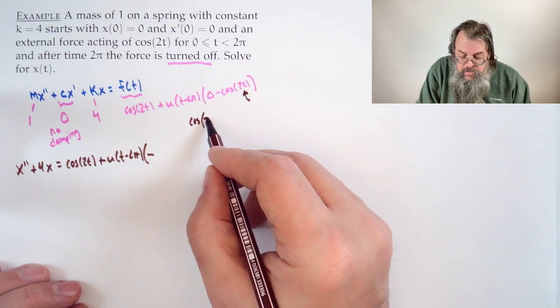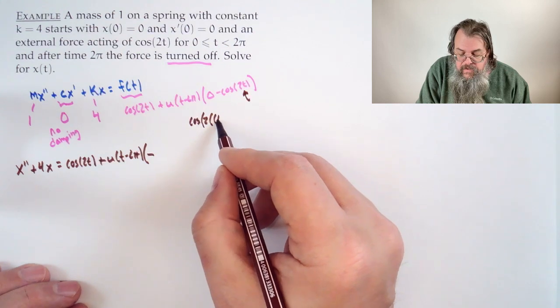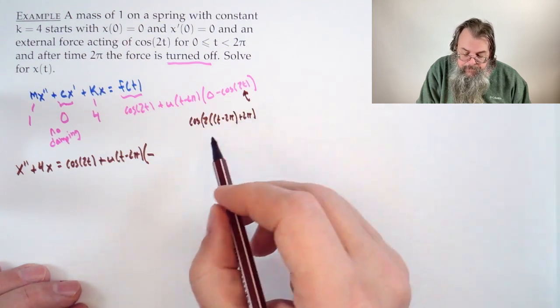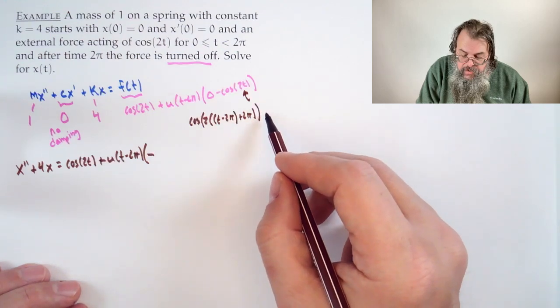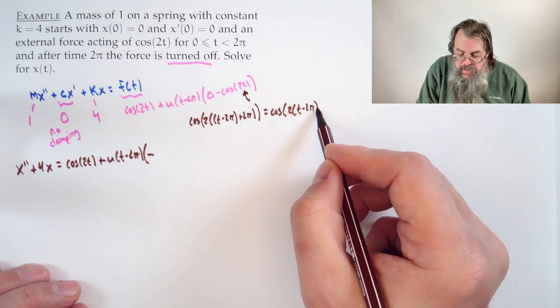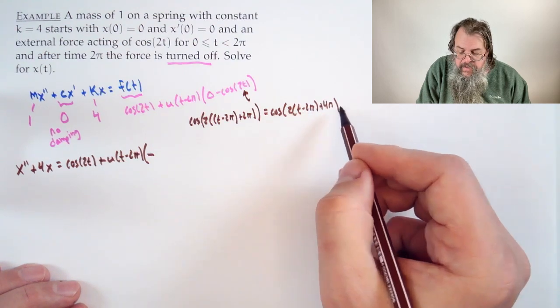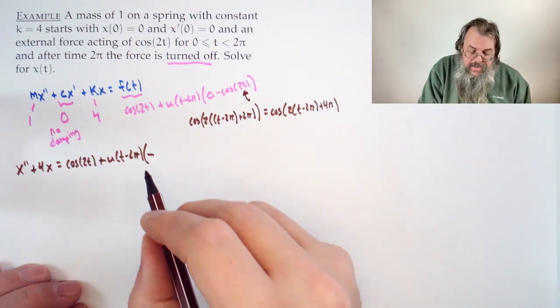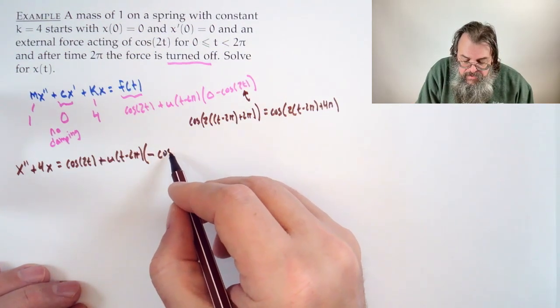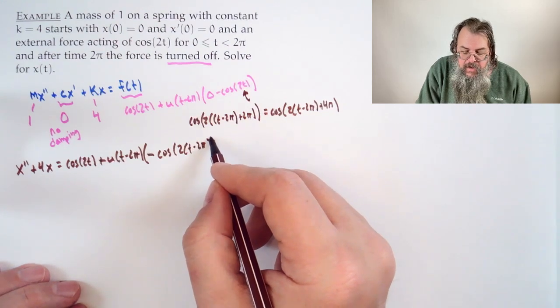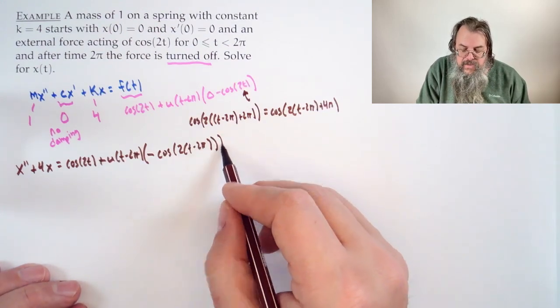This is cosine 2 of t minus 2 pi plus 2 pi. Okay, so which is the same as cosine 2 t minus 2 pi plus 4 pi. And then we say, cosine repeats itself every 2 pi. And so this is just the same as cosine of 2 t minus 2 pi. All right, good.